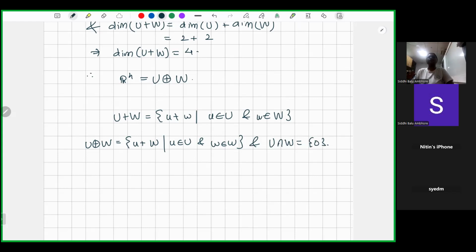That's it. This is the only difference between these two. This is the normal vector sum and this is the direct sum. And so now we'll go to the next question if there are no doubts.